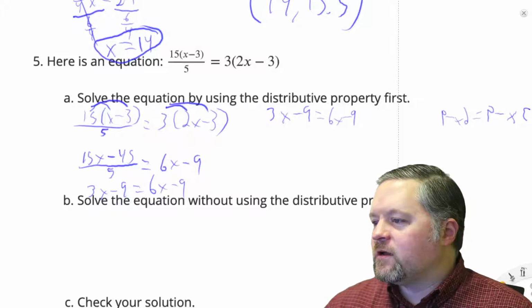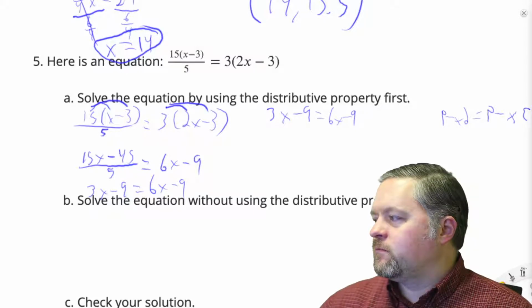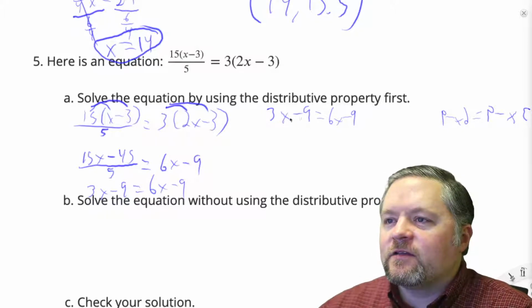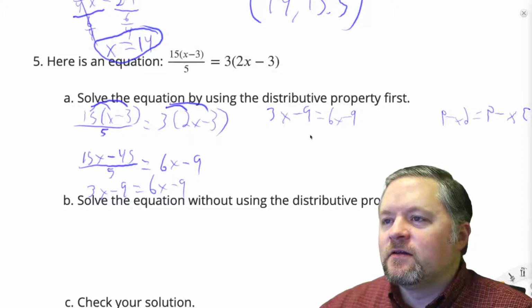I don't know what I did over there. Let me get rid of that. Having all kinds of problems today. Okay, 3x minus 9 equals 6x minus 9.